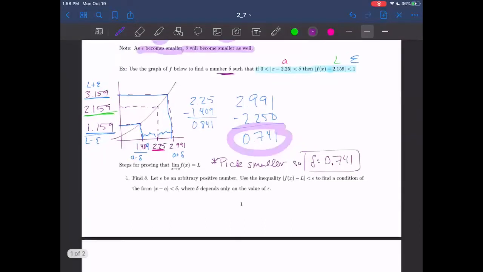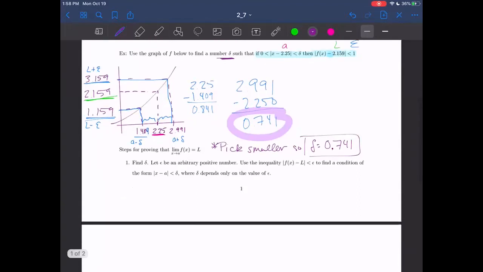That's one way you'll see questions. Sometimes they might give you the graph, sometimes they might give you the information and have you graph it. Either way is done about the same way.